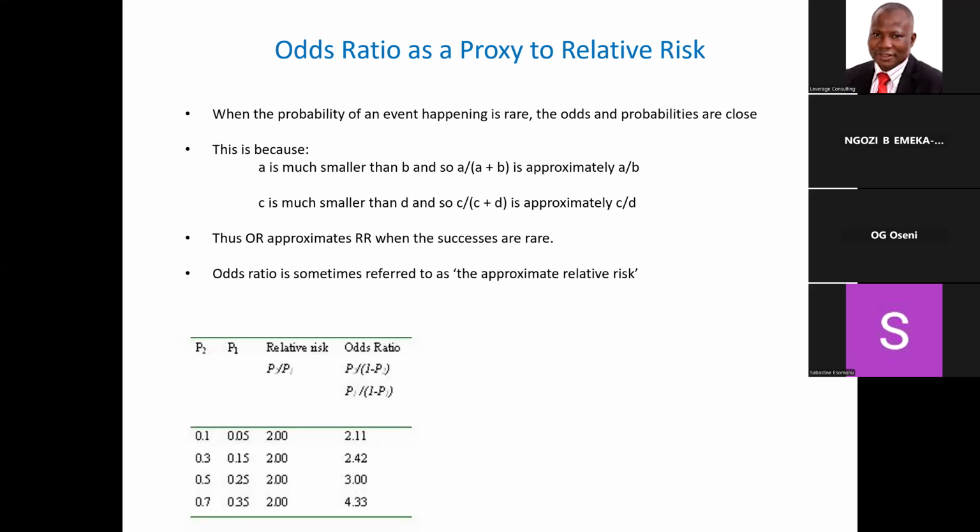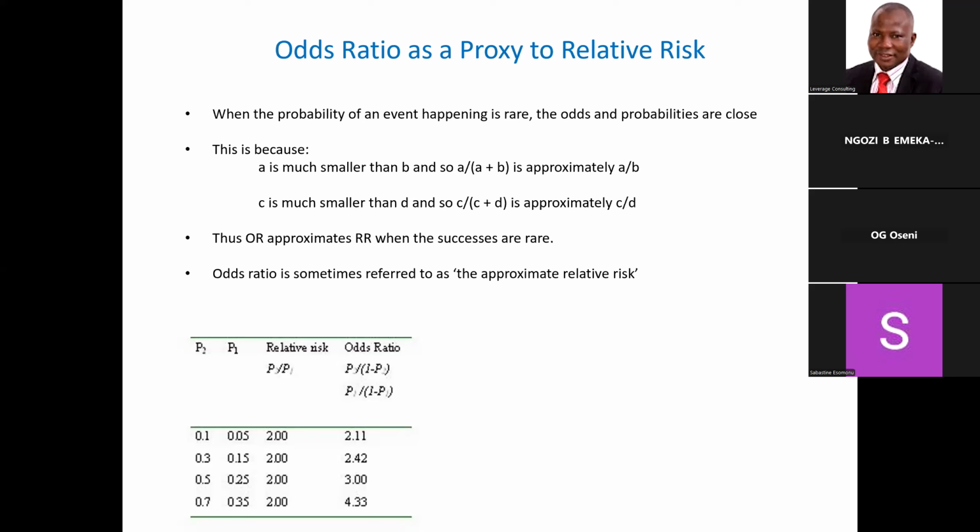So the odds ratio you calculate through a case control or descriptive cross-sectional study will be close to what the relative risk would have been. So the odds ratio will be close to the value of relative risk if the disease is rare.